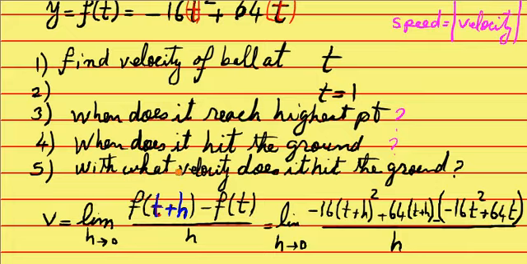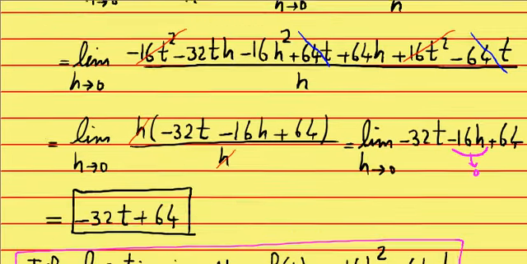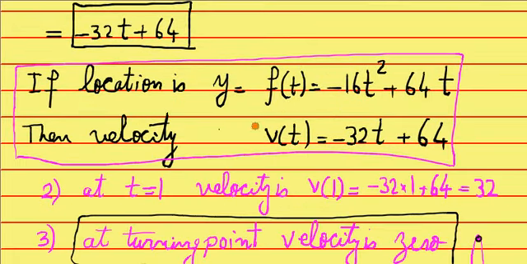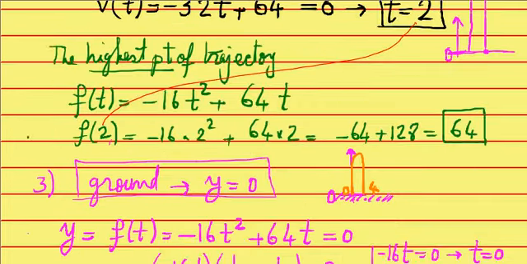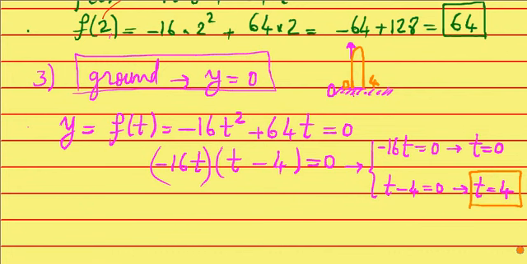Part 5, what's the velocity when it hits the ground? So remember, here's our velocity at any time. How fast is it going when it's just hitting the ground? Remember, just when it is hitting, not after it smashed the ground. So velocity turns out to be minus 32t plus 64.